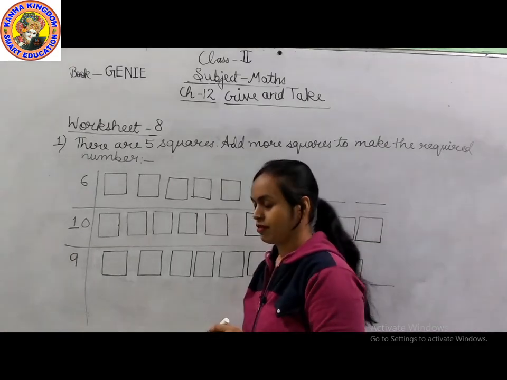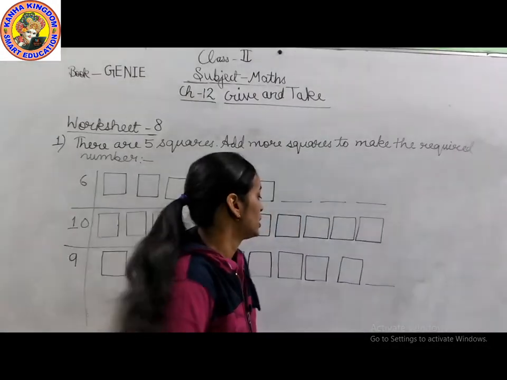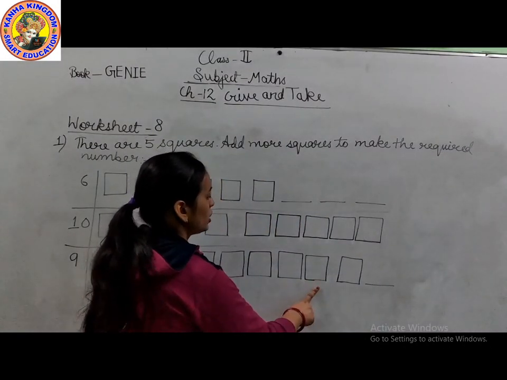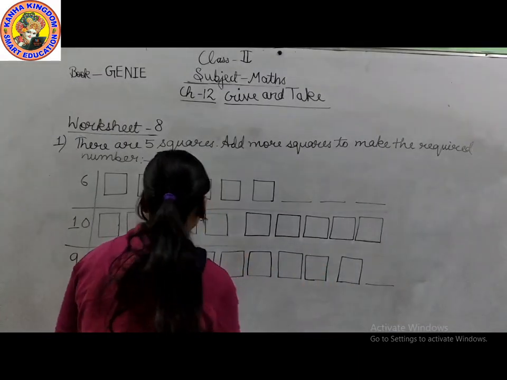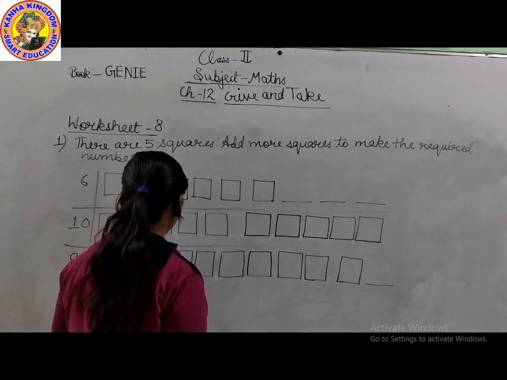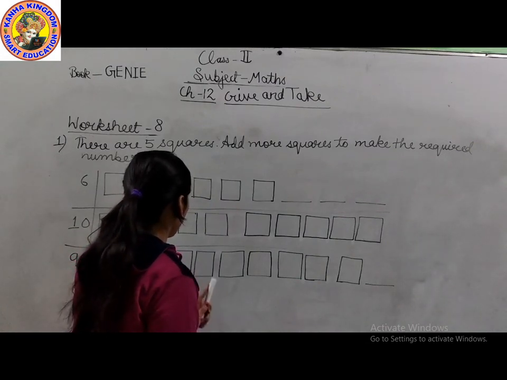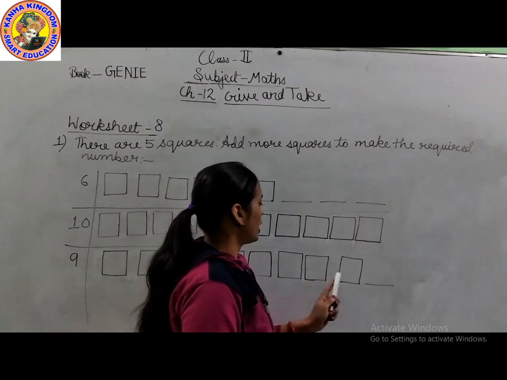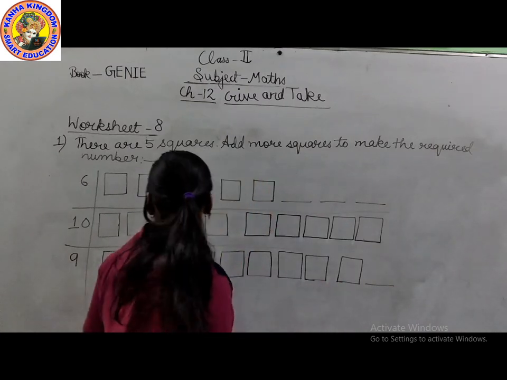So after 5, how many squares do we make? 1, 2, 3, 4. So 5 plus 4, 9. 1, 2, 3, 4, 5, 6, 7, 8, 9.